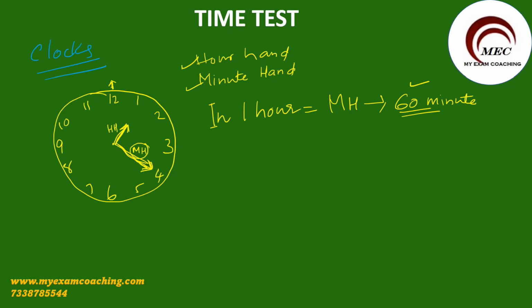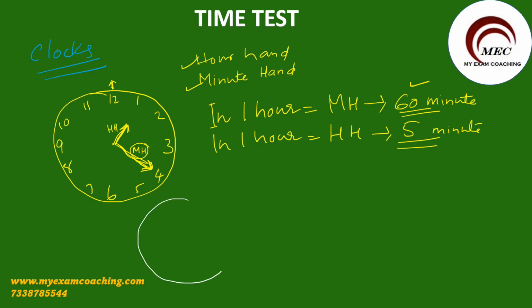1 hour is 60 minutes. Everybody knows it. In 1 hour, the hour hand will move only 5 minutes. So let me tell you this way. Suppose we have a clock like this, and here it is 12 o'clock, and from 12 it comes to 1 o'clock, let me draw like this. Earlier it was at 12 o'clock. Both the needles will be at 12 only.